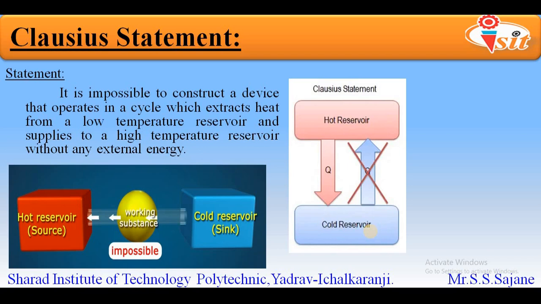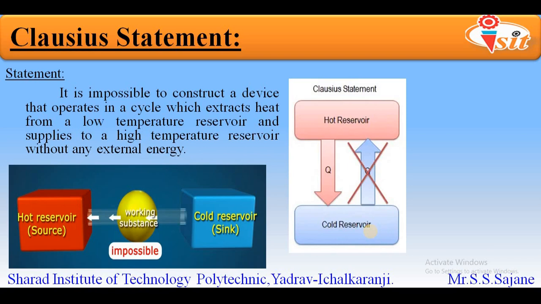Whereas the spontaneous heat transfer, that is if we want to transfer heat from hot reservoir to cold reservoir, then in that case there is no requirement of external energy. So from this we should understand that if we want to transfer heat from higher temperature region to lower temperature region, then this process can occur naturally.